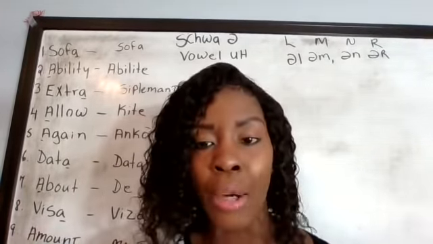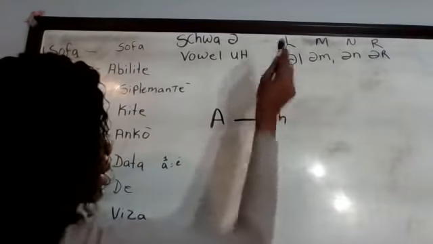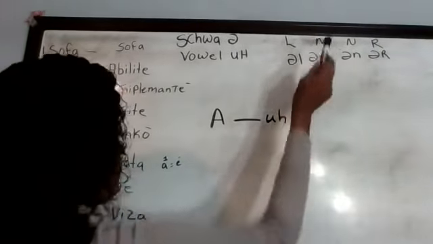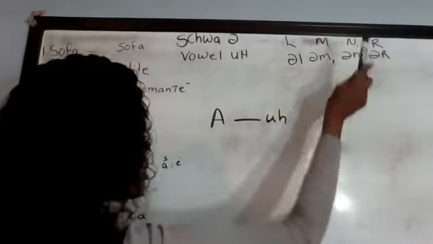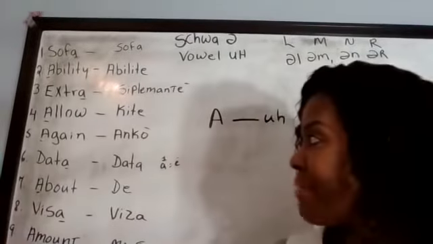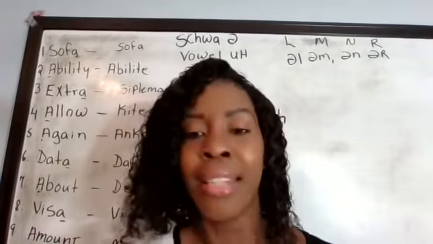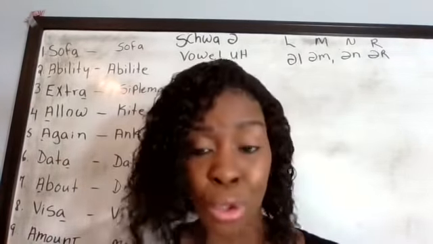Now, when you have the letter L, the letter M, the letter N, and the letter R together with A, it does not sound like A. Next time, I'm going to explain to you why.